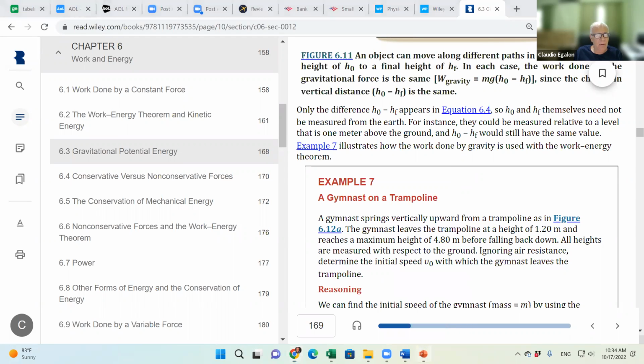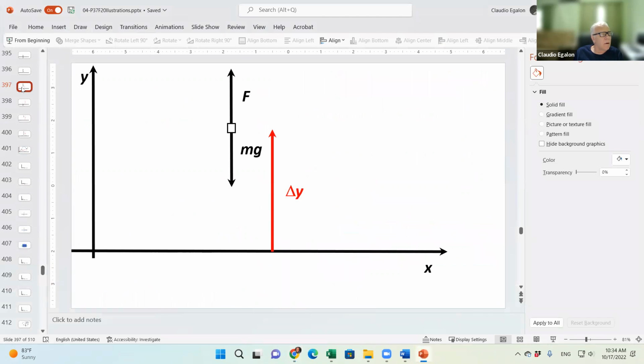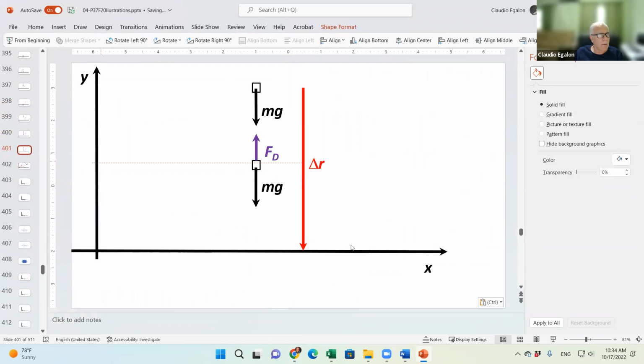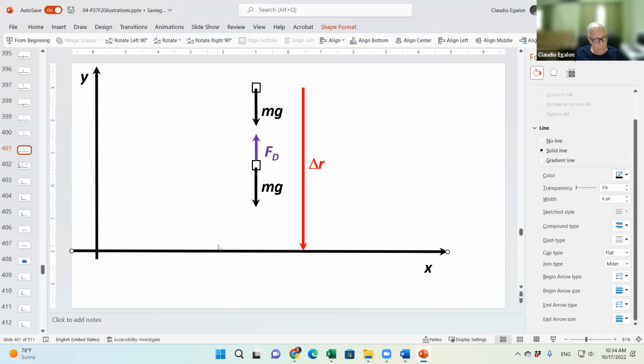Makes sense? Let's illustrate the situation. So here we go. Okay, so here we have the gymnast. Here's the trampoline.